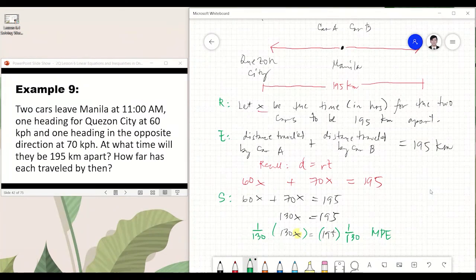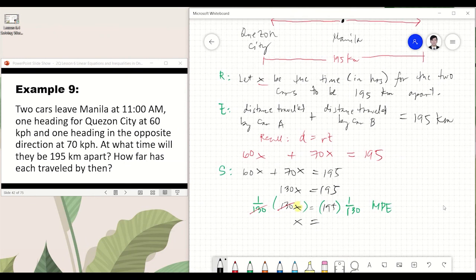Okay? So going back. So yung 130 natin, maka-cancel out na. Yung matitira is just x. And finally, we have 195 over 130. Pero, mas maiintindihan natin yung 195 over 130 if naka-decimal siya or naka-mixed number.